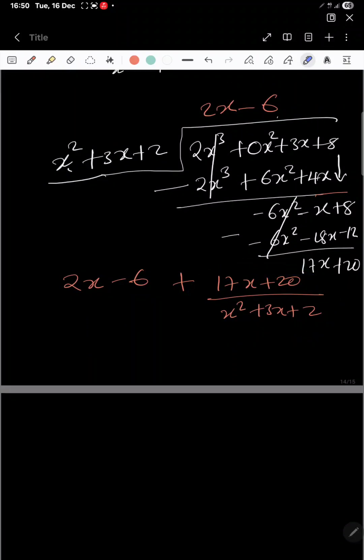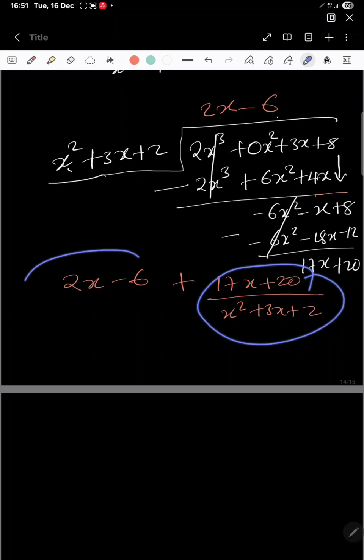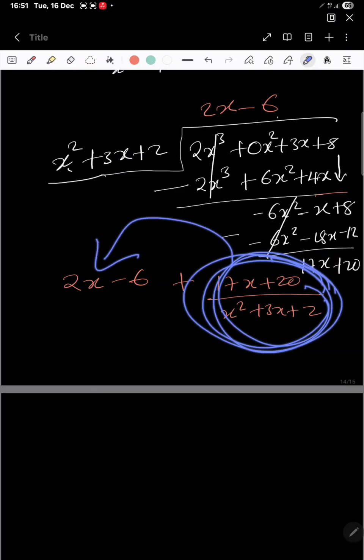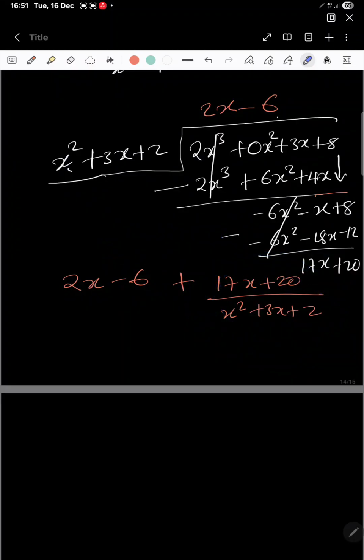After that, that's when you can decompose into partial fractions. Which one do you decompose? You only decompose this part; the quotient that you've got you keep the way it is. After decomposing this, the answer we get is what we are going to add to this. So let's decompose this.